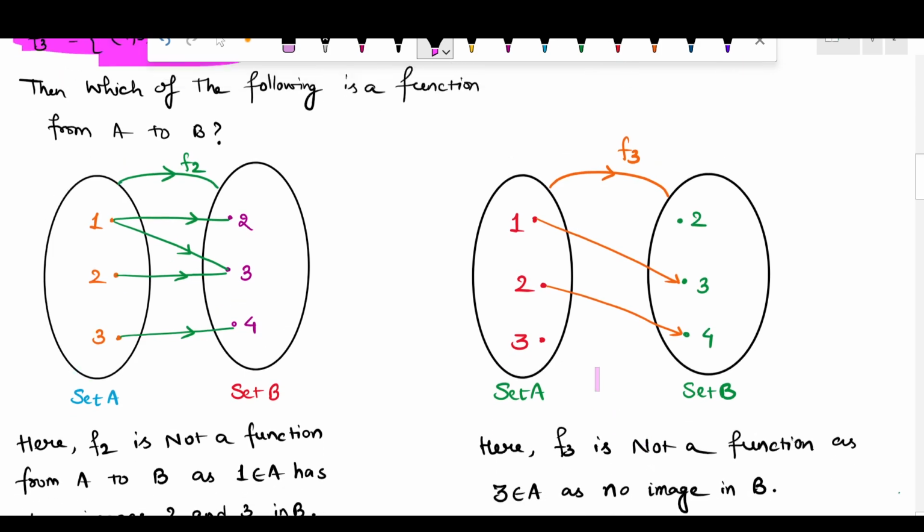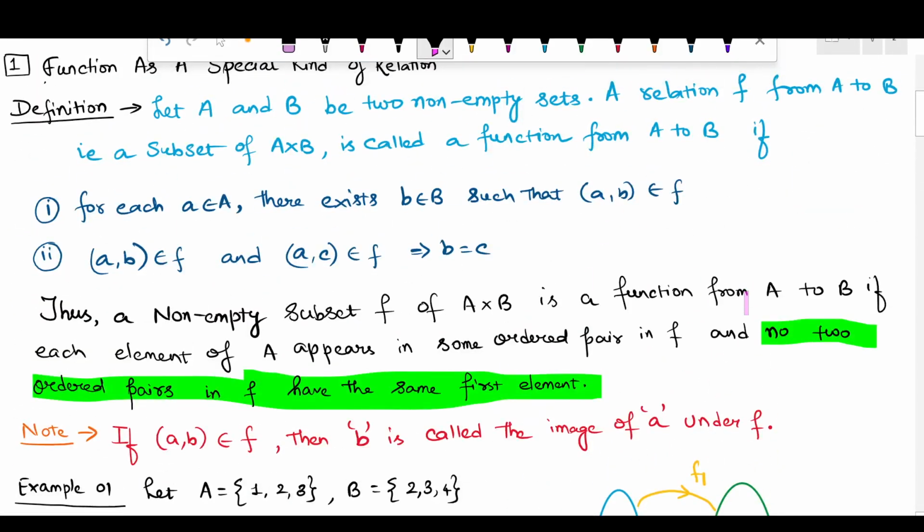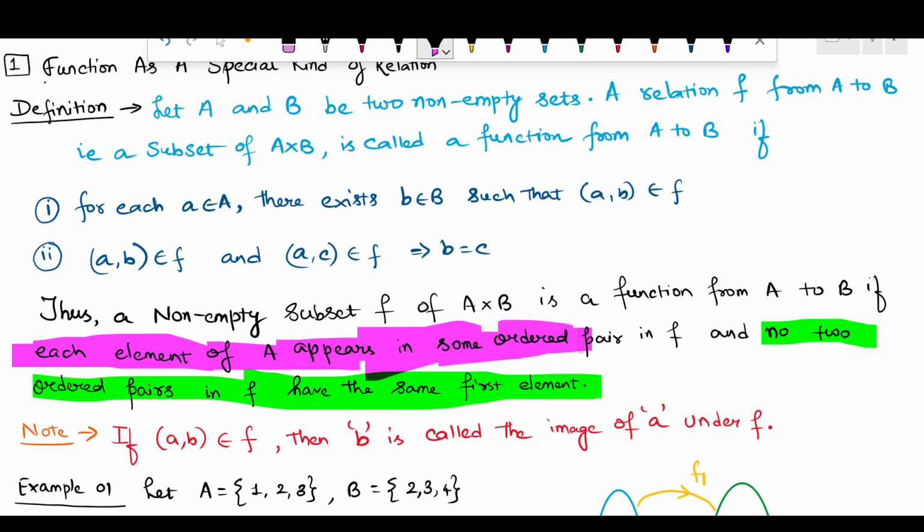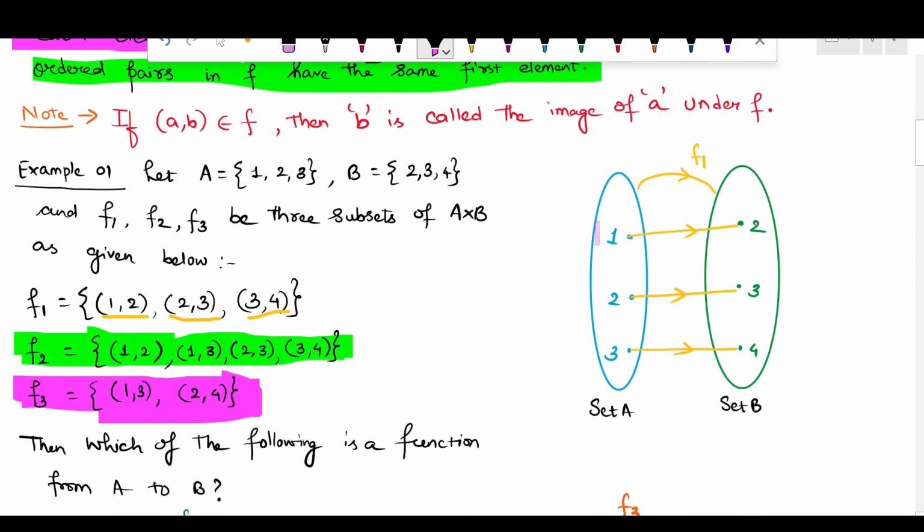See the first condition also, that each element of A appears in some ordered pair of F. This is also a condition, right? There were two conditions, first and second. Means every element of A shall map with an element of B, and no element of set A can have more than one image, right?